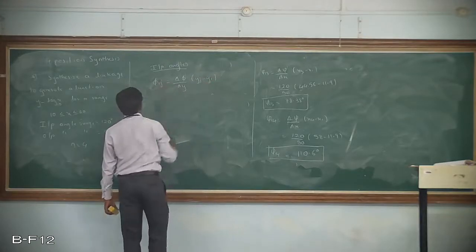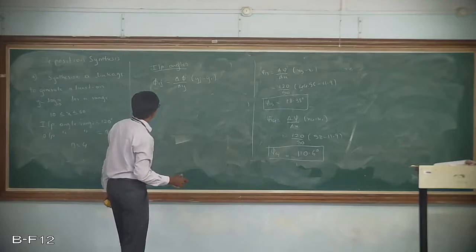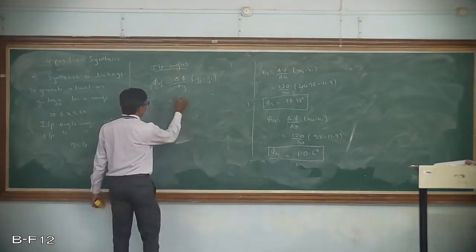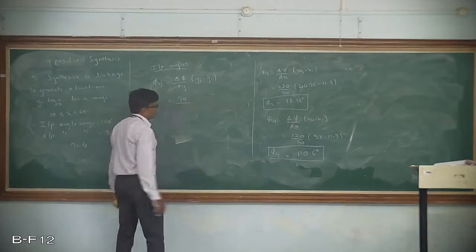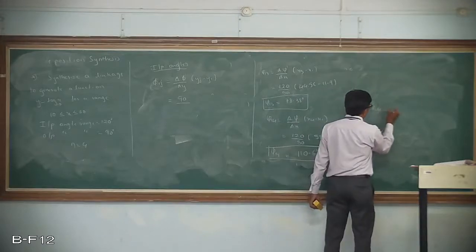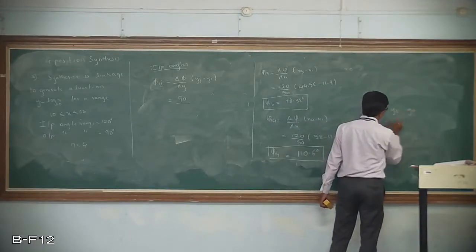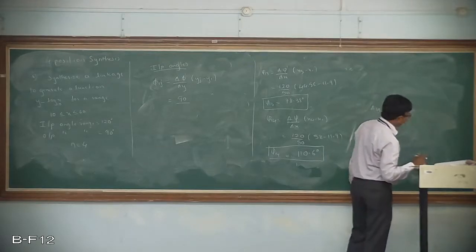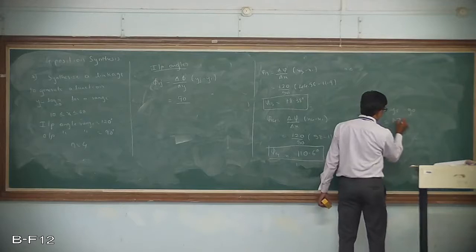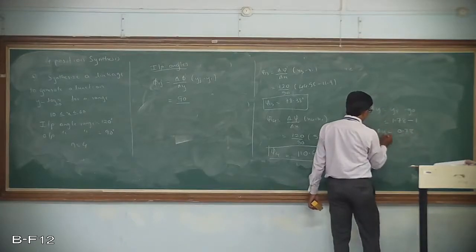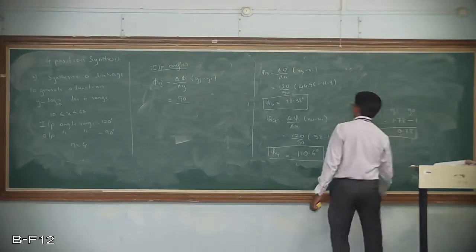Here delta phi is 90. So what is delta y? Delta y is y5 minus y0. y5 is 1.78, y0 is 1, so delta y will be 0.78.